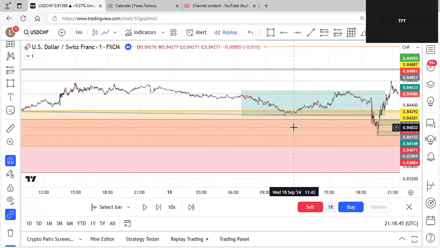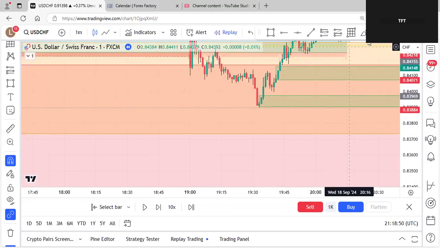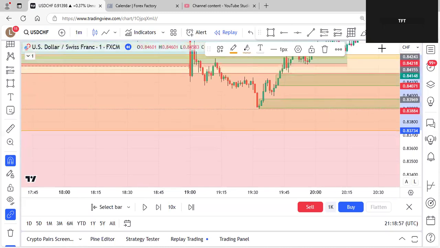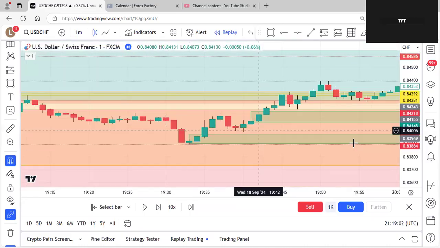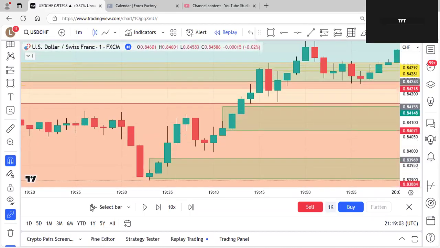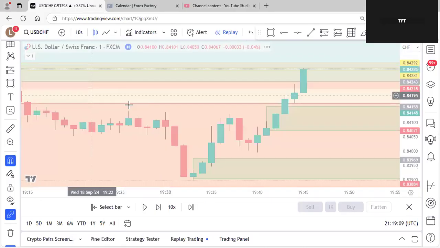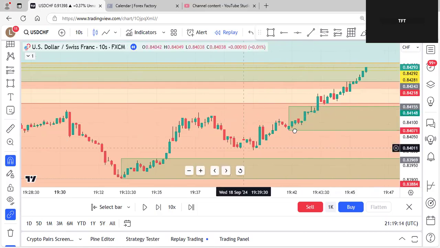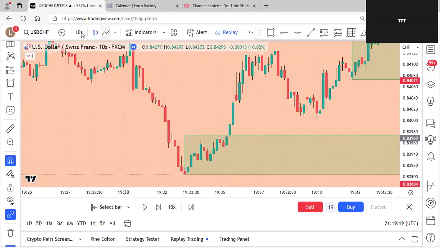I'll show you that. I'll just replay that before them two zones. So we get a couple of little imbalances in here, and then we've got a build up of little imbalances in here.